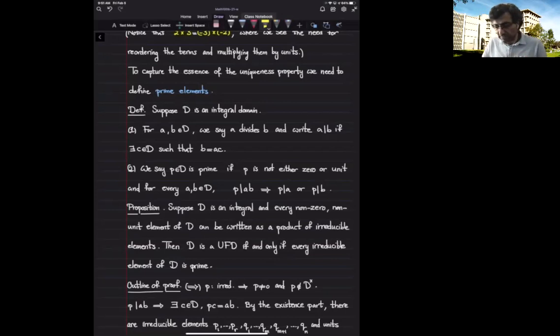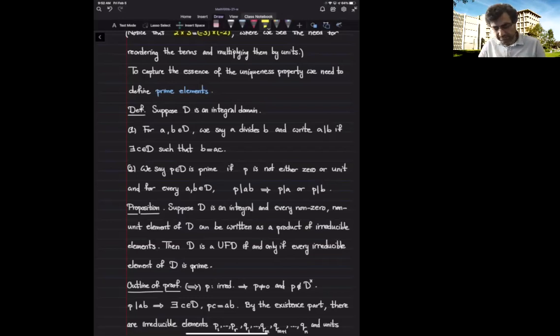So suppose D is an integral domain. Because I want to work with p divides ab, I have to start by formalizing the concept of divisibility in an integral domain.